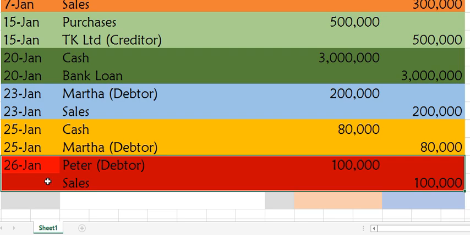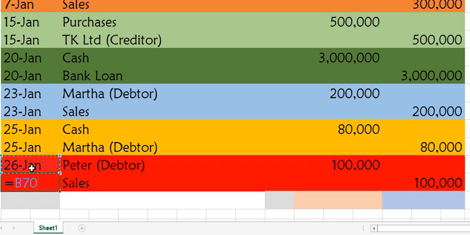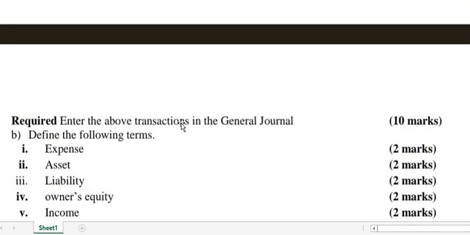So that is Peter, that is the transaction. Then what else do we have?